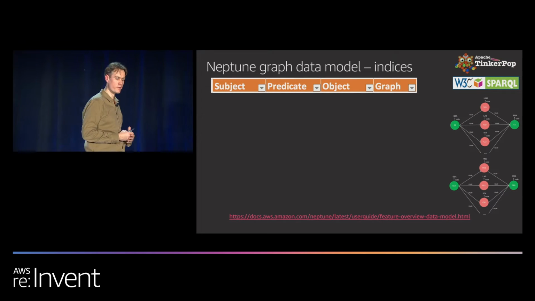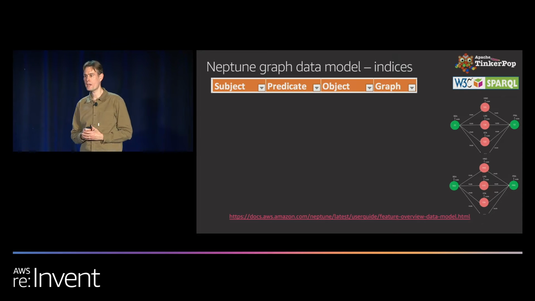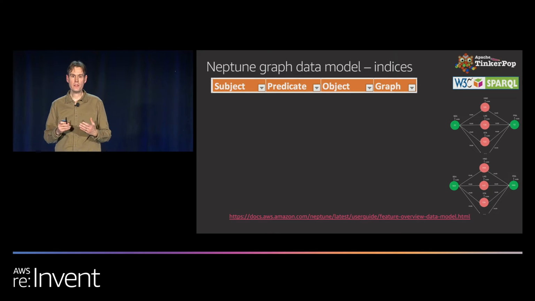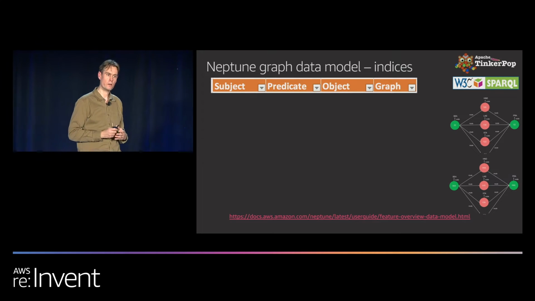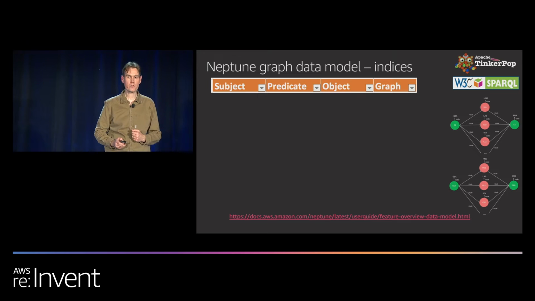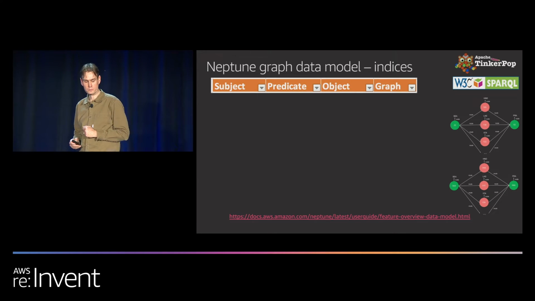Whether you're using property graph or RDF, there's a couple of different indices that Neptune automatically builds for you when you load your data. And these indices are used in evaluating queries, and they help us to quickly and effectively allow you to navigate your graph. And there's 3 in particular.